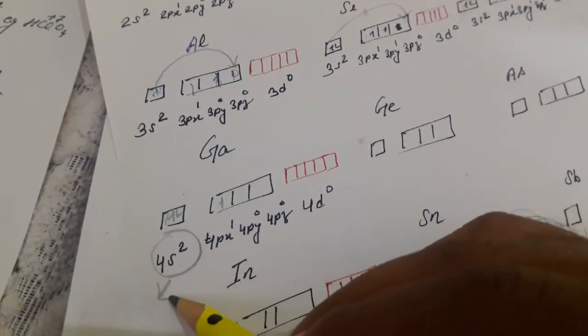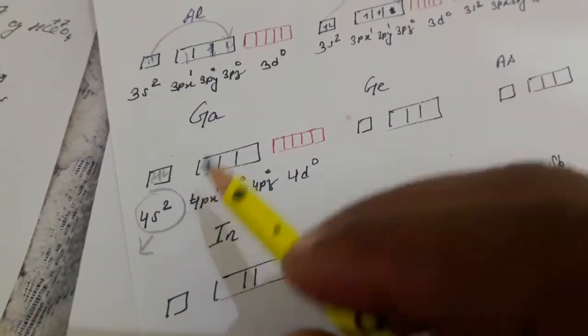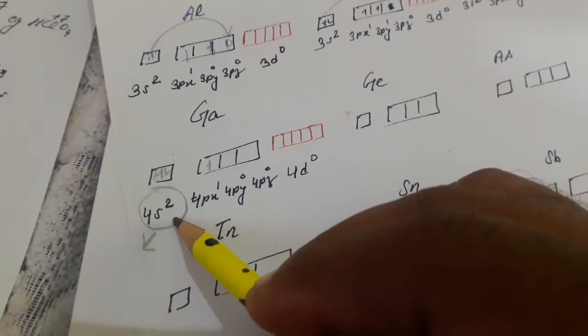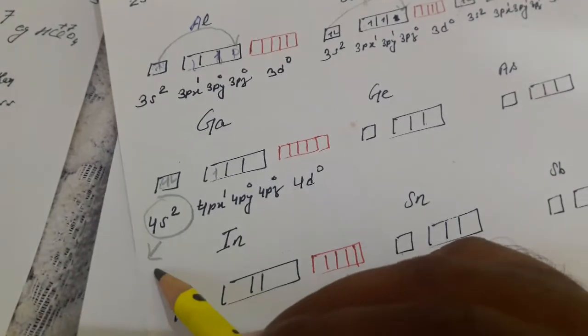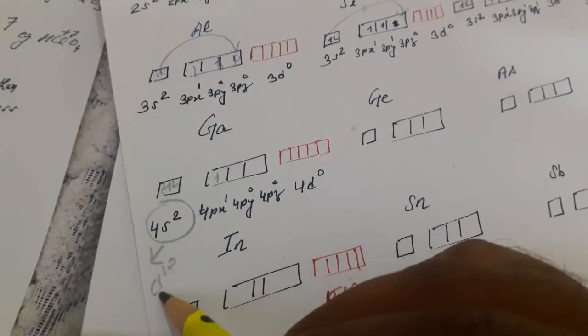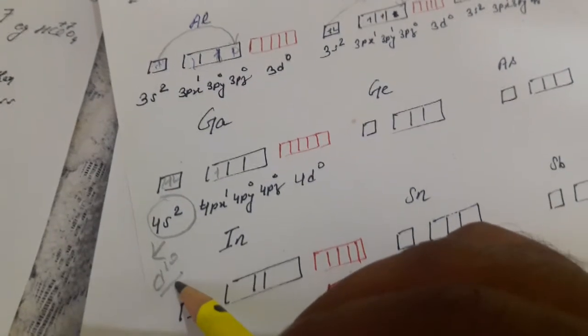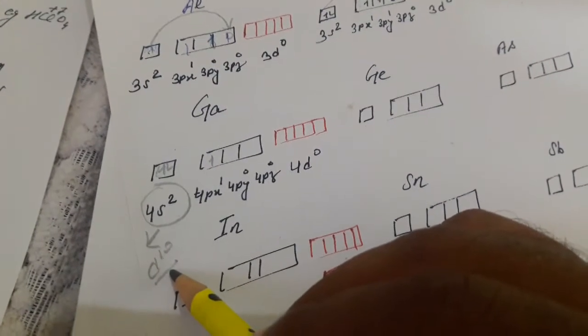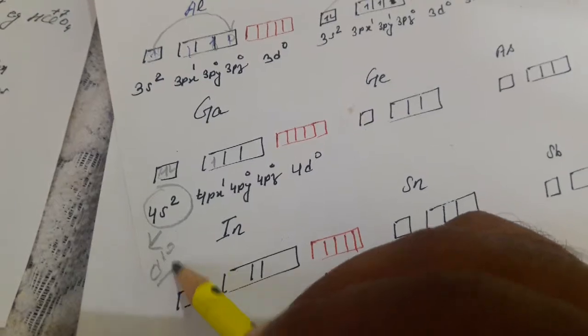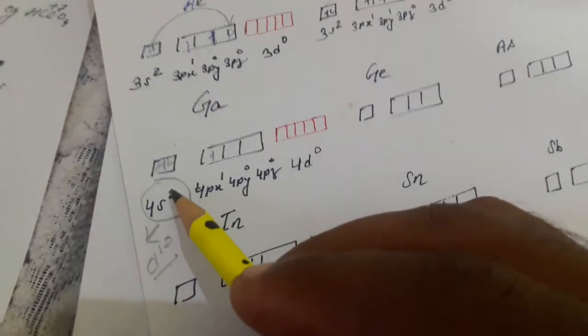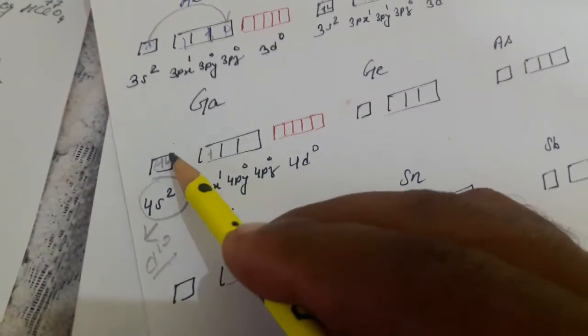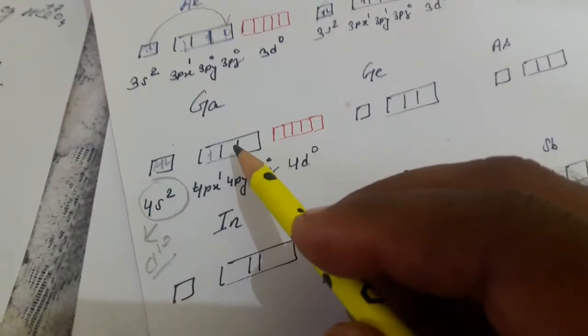It is strongly held, and that pair of electrons becomes inert because of the intervening 10 electrons, which have poor shielding effect, and that increases the effective nuclear charge. So due to the increasing nuclear charge, that electron pair does not excite into the next vacant d orbital.